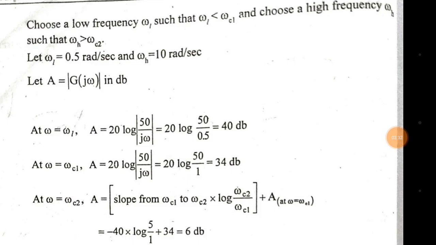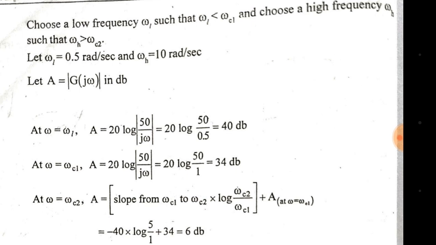And the usual steps: choose a low frequency omega L which is less than omega c1, that is, less than 1 radian per second, and choose another frequency omega H which is greater than omega c2. Here omega L is equal to 0.5 radians per second, and omega H is equal to 10 radians per second.